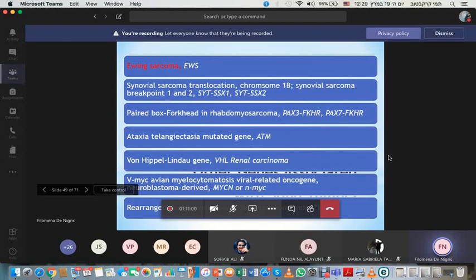So this marker helps the diagnosis, but this marker can be monitored directly in biopsy, or we observe this marker in circulating tumor cells. So we observe in blood cells this rearrangement when the tumor is spreading away.